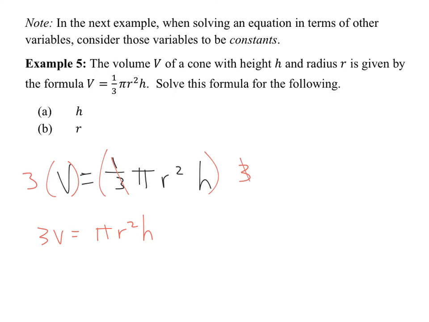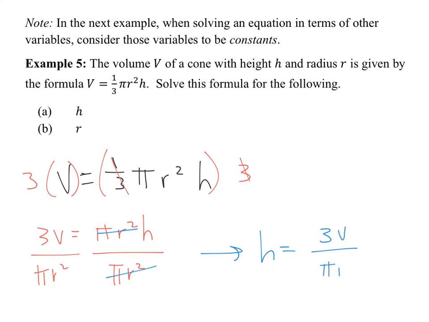What would you do, Jeffrey? Divide. By? So divide both sides by pi r squared. On the right-hand side, those drop off, leaving you with h equals 3V over the quantity pi r squared.